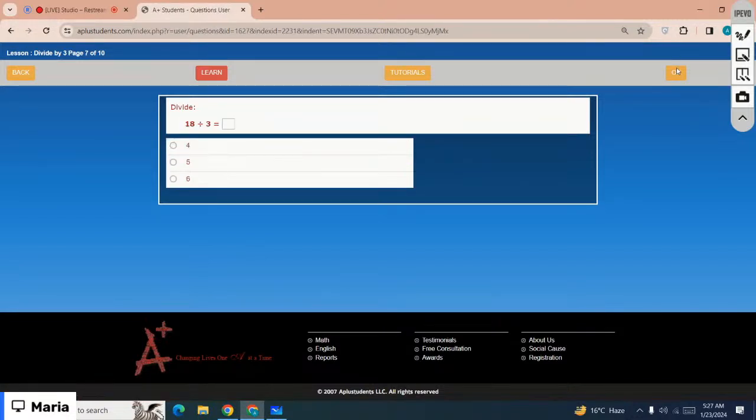The next one is 18 divided by 3, which is the correct option. 3 times what number is 18?